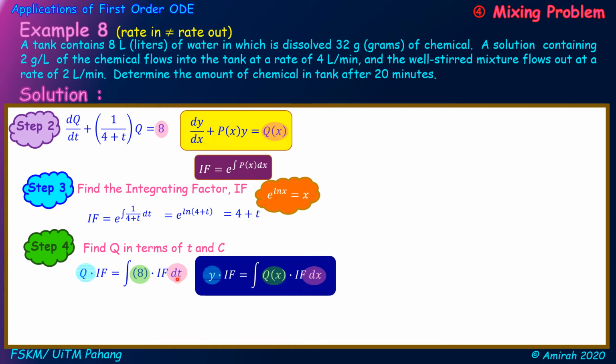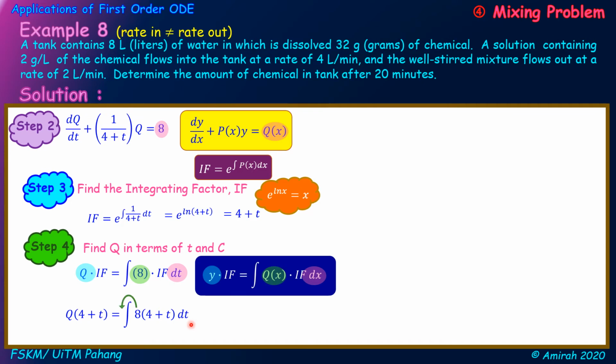So we can write this. Q is similar to y, so we write Q times the integrating factor, which equals 4 plus t, equals 8 times the integrating factor, integrated with respect to dt, which is 4 plus t dt.